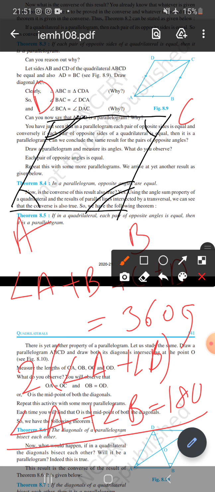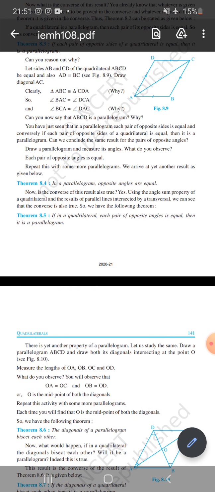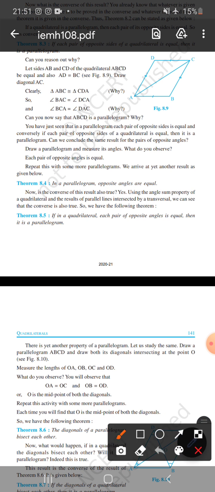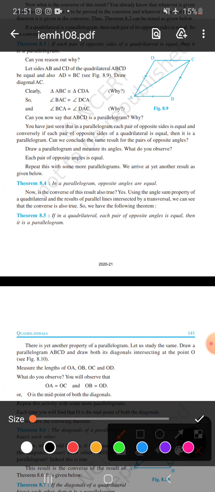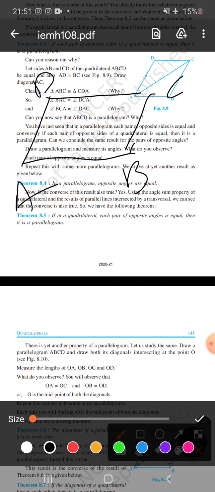And in the same way, angle B plus angle C, that is in this quadrilateral ABCD, this was equal to this and this was equal to this.